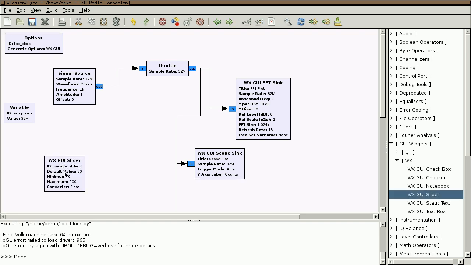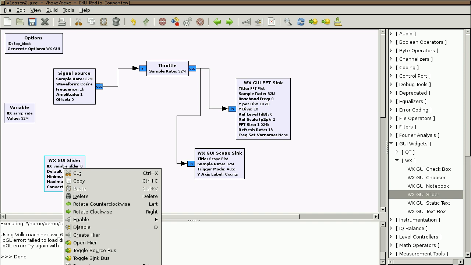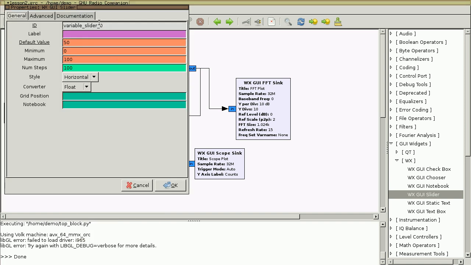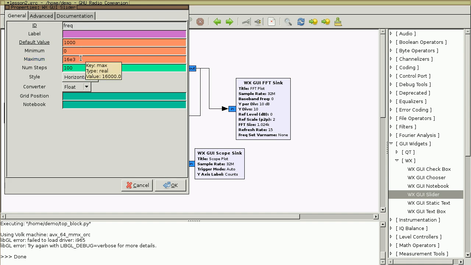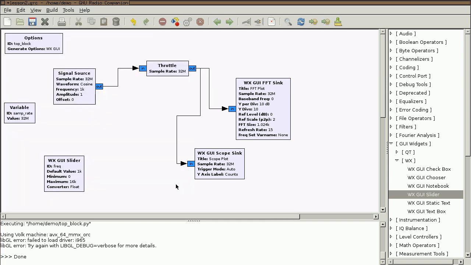And I'm going to call this slider freq, for frequency. Now I'll set it to a default value of 1000 because that was my original value. And I'll give it a minimum and maximum of, let's say, 0 to 16,000. Now it's happy with those parameters. 100 steps should be fine.